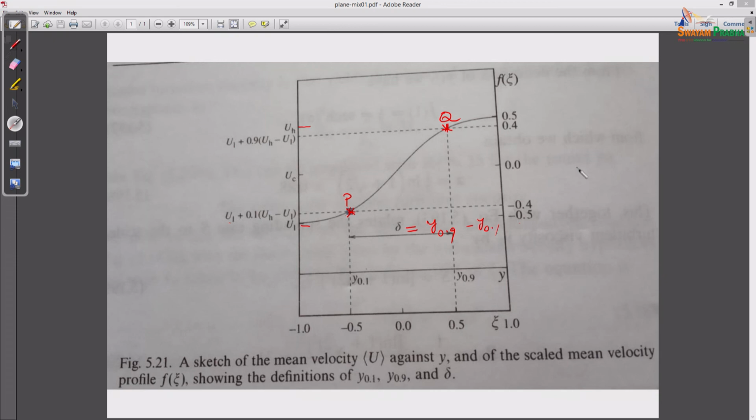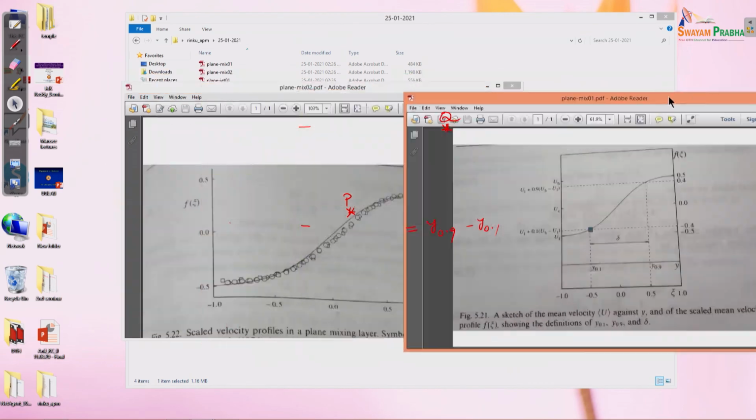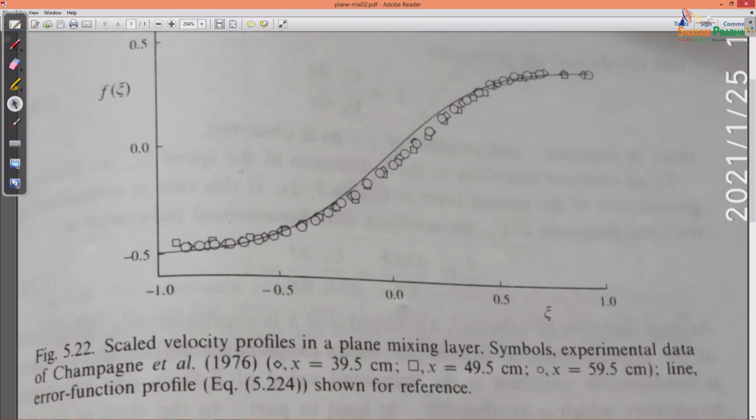Okay, now having done this, let's look at the other plot. There you go. So now f of zeta, this is the scaled velocity profiles in a plane mixing layer.